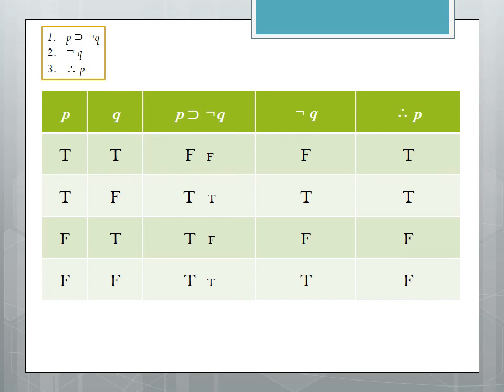On the fourth row, we do get all true premises and a false conclusion, so the fourth row does provide us with our counterexample, which tells us that the argument form is invalid, and hence that any argument which has this form is an invalid argument.